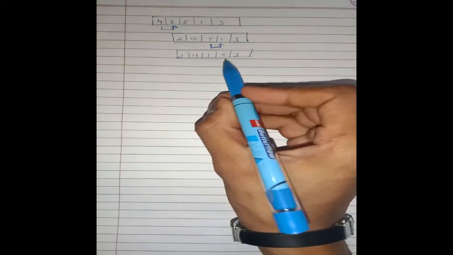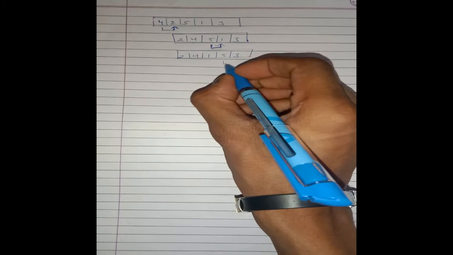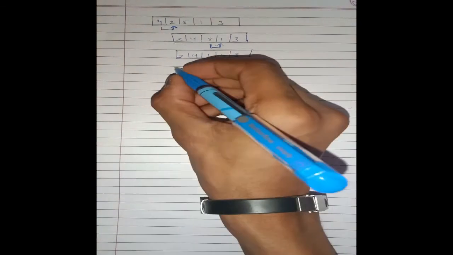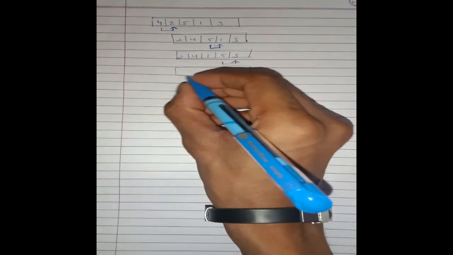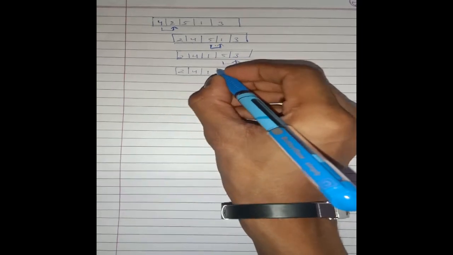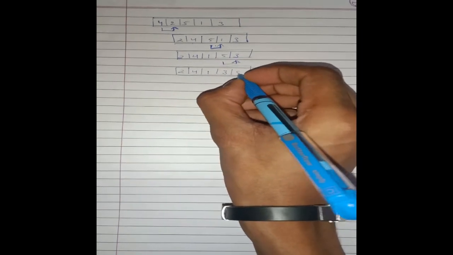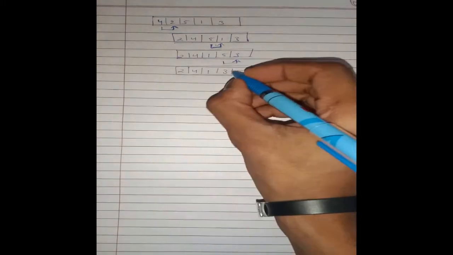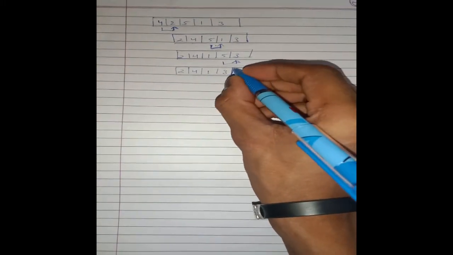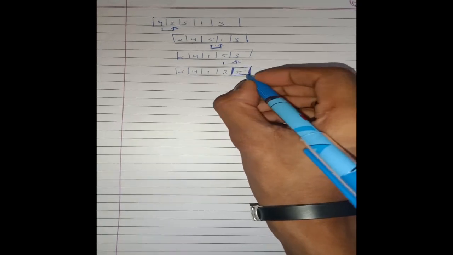Now again we can see in the last two, 5 and 3, 5 is greater than 3, so we will again swap it. It will become 2, 4, 1, 3 and then 5. Now we can see that 5 is in its original place. Since it is the greatest among all these 5 numbers, it should be at the last.